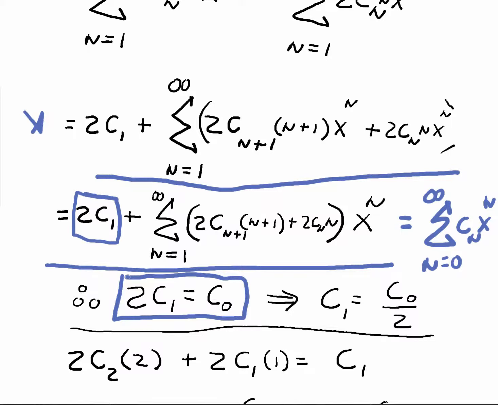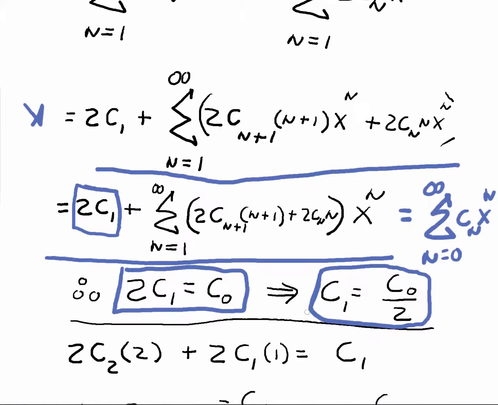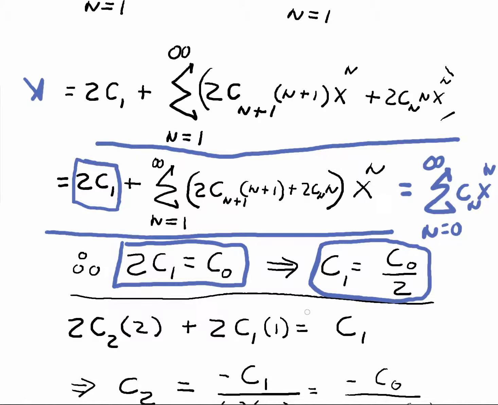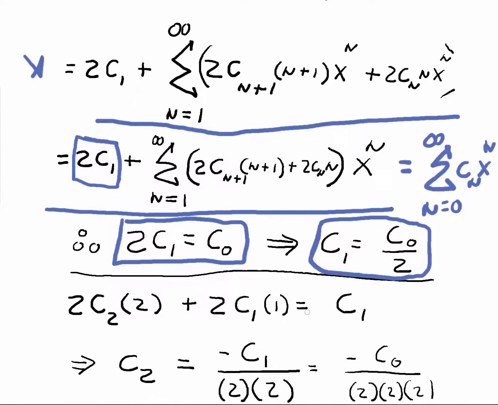So that tells us that c1 is equal to c0 divided by 2. So c0 will be our initial value, shall we say, or that's our degree of freedom.